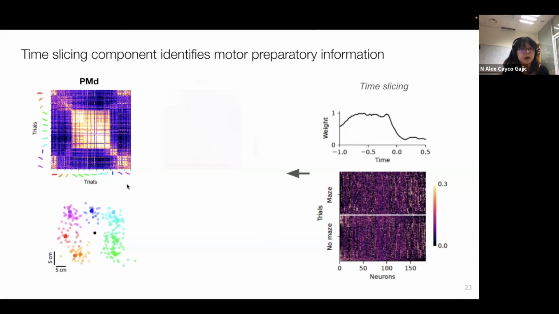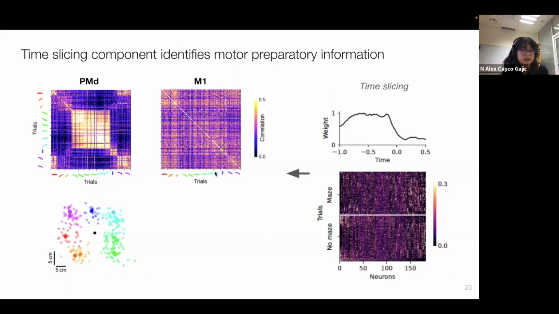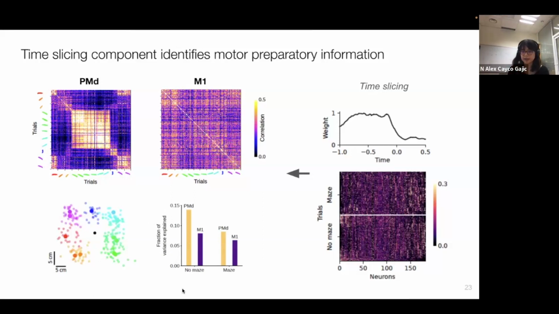However, if you look at M1, you see that correlation structure disappears. And we think that's because premotor cortex has this extra preparatory information, which is signaling the dynamics of the upcoming movement. And then we also show that the fraction of variance explained is a bit higher in the PMD subset of the data than in M1.